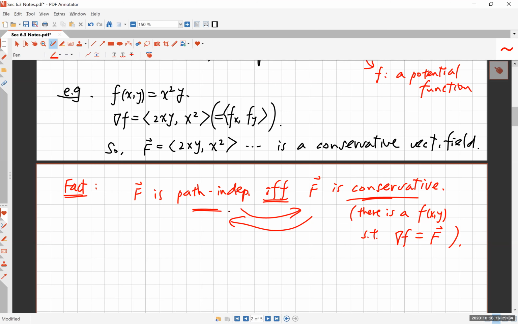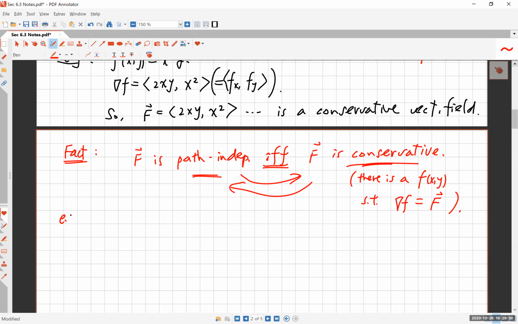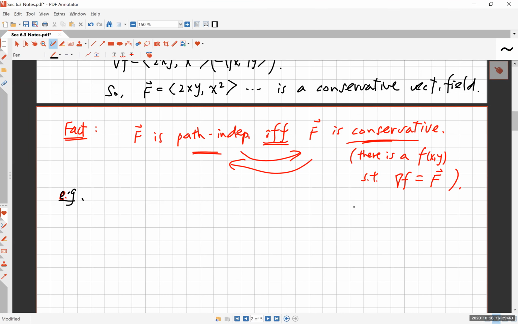So let me give you some examples in terms of the vector fields. Let's say I have, well, no, I've given you this. Is this vector field (3x squared y plus 1, x squared plus 2) conservative?